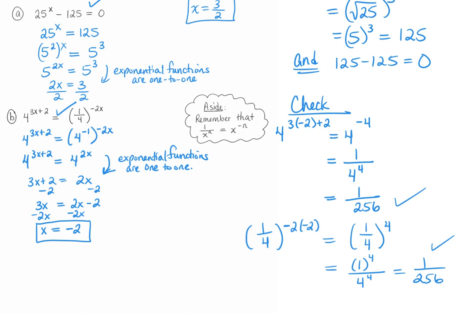It's going to be helpful to remember what two numbers have in common. It's also going to be helpful to remember this rule here, because it helps you know how to rewrite a reciprocal with a negative exponent. So make sure you remember those properties.